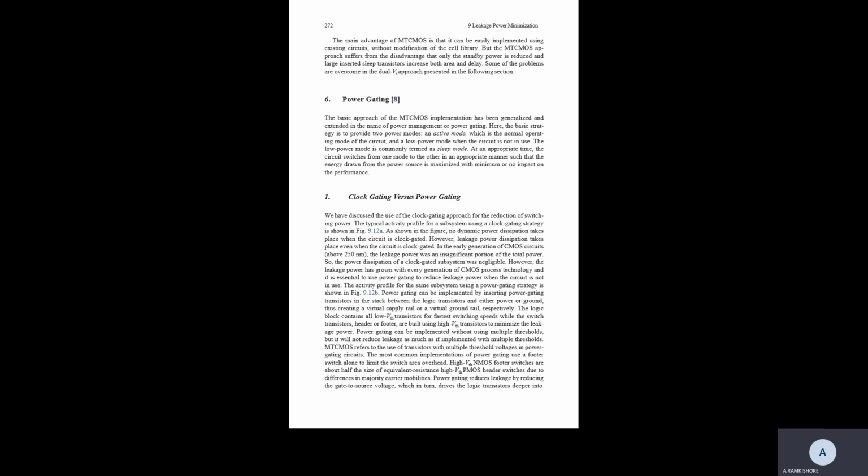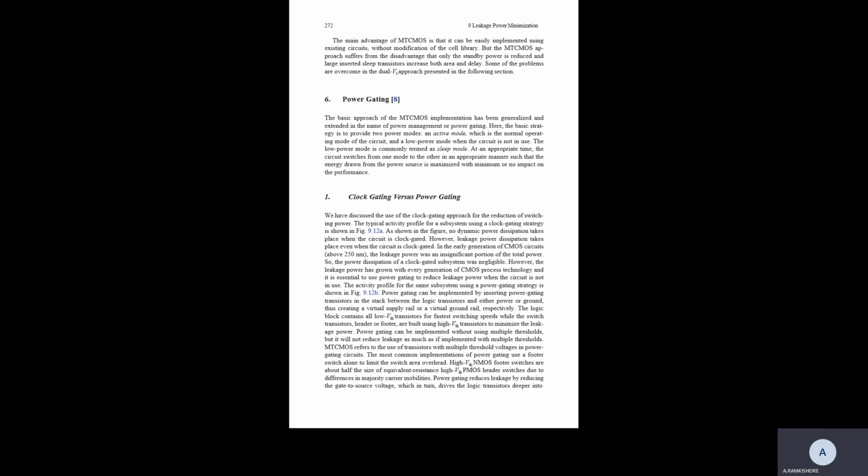So in this approach, the basic approach of MTCMOS implementation has been generalized and extended in the name of power management. The same MTCMOS approach is extended and used to manage the power, or for power gating.